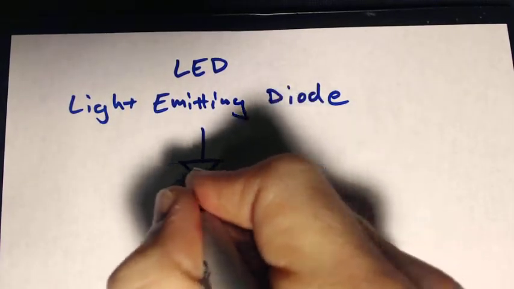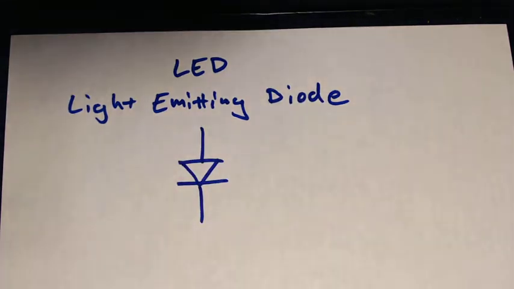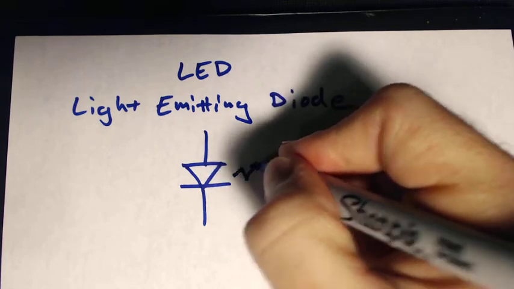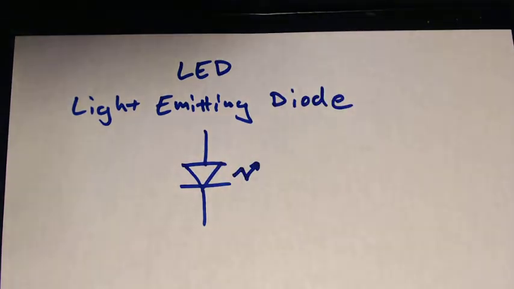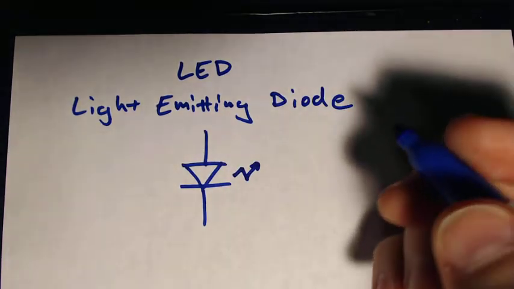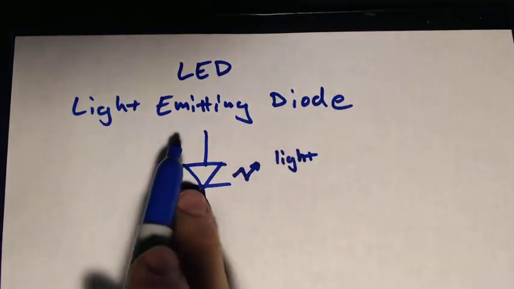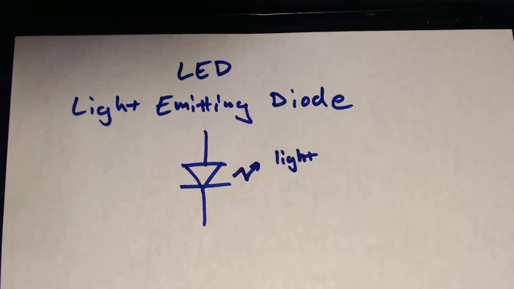The schematic symbol stays the same, except we're just going to add this squiggly arrow coming off the side to indicate that light is emitting from this diode.